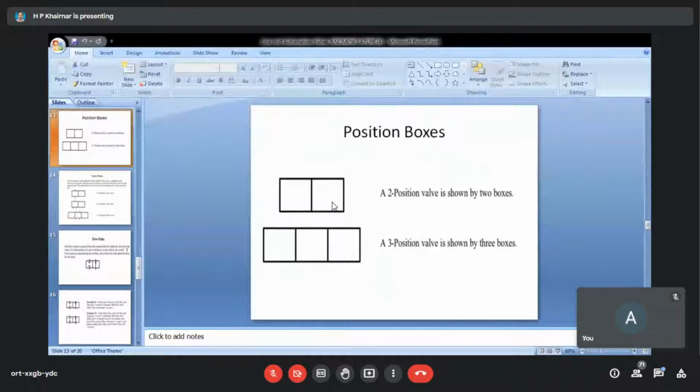So it is neither on nor off. In that case, all the positions indicated in this square are in shut-off condition. Nothing will happen over there.